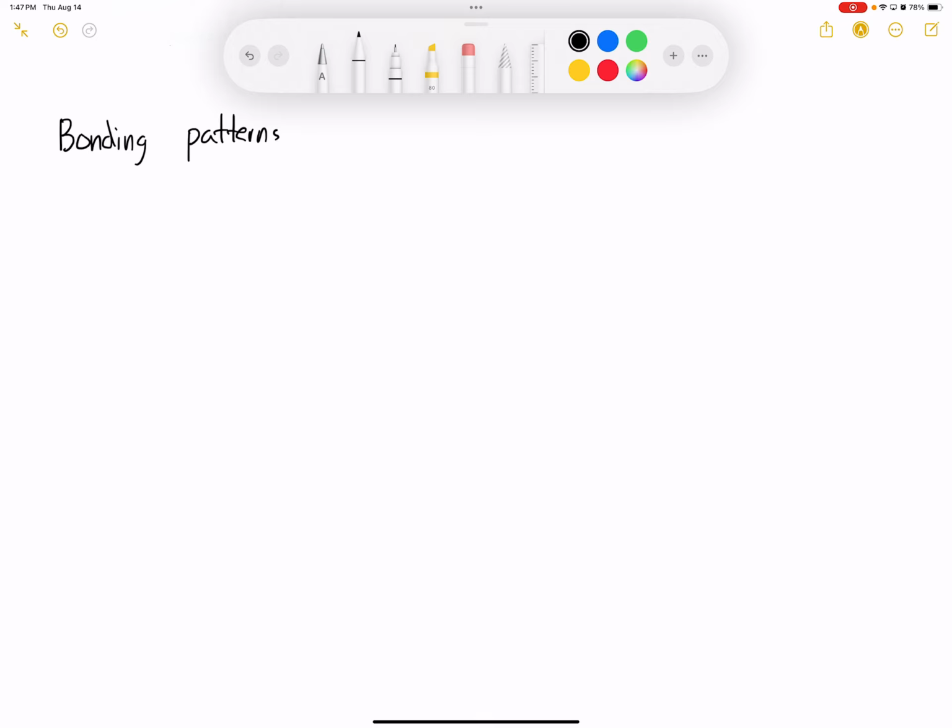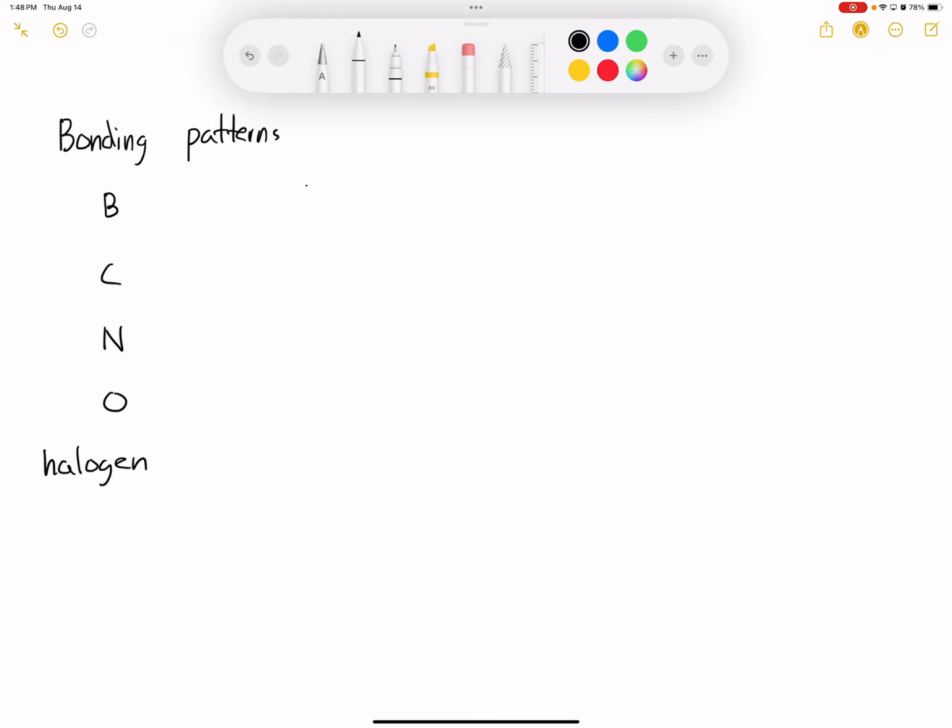So let's look at the bonding patterns. So let's write the elements. Boron family, carbon family, nitrogen family, oxygen family, halogen. All right. Okay. So, boron has how many valence electrons? 3.